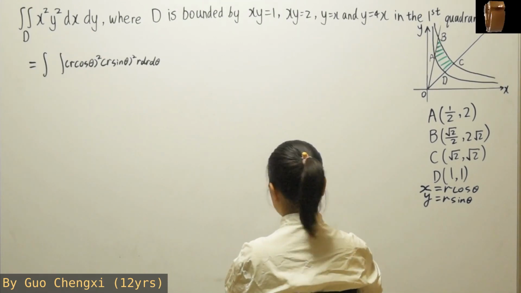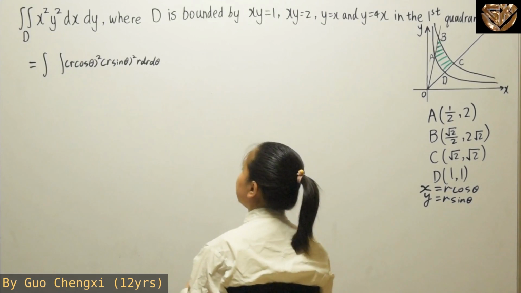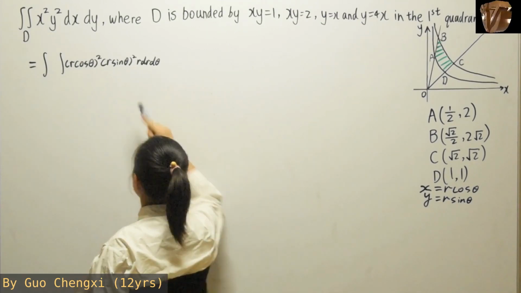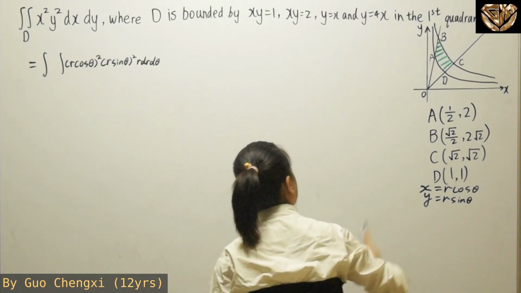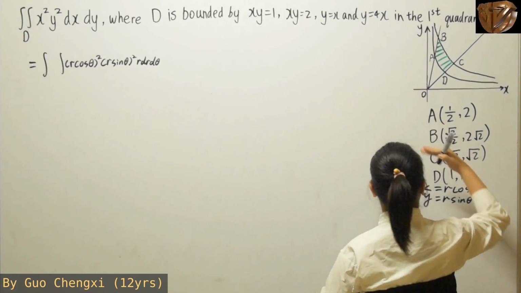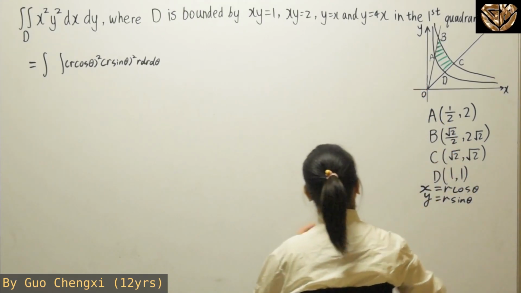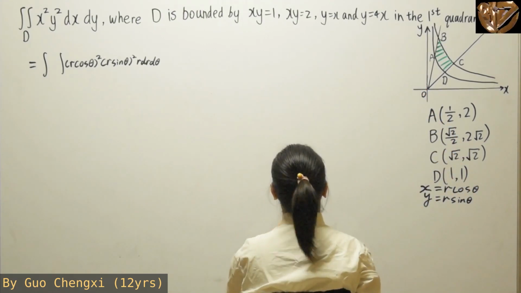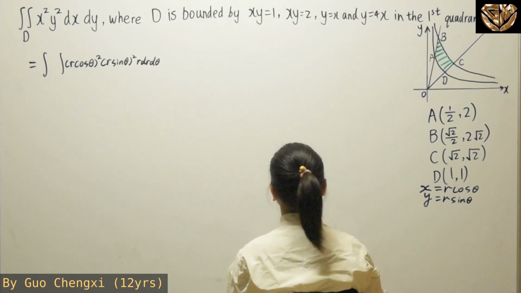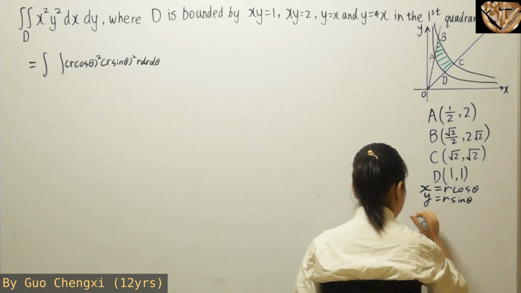For the integration, we'll be doing the radius first because it will be simpler. It will be from the AD arc to the BC arc, which is basically from xy equals 1 to xy equals 2.